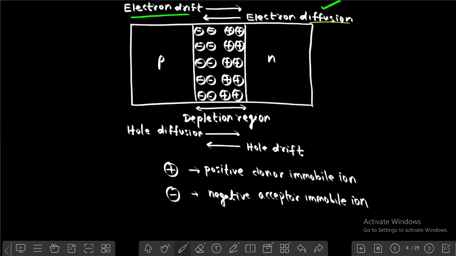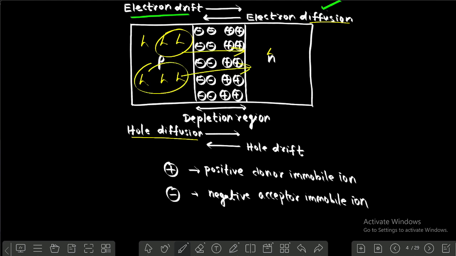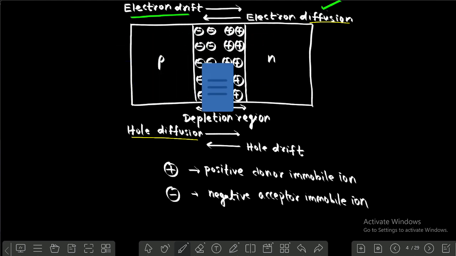Next, hole diffusion. Hole number is more in p type and less in n type. So holes will diffuse from p to n because of concentration gradient. But the junction electric field is like this. Here you have electron, here you have hole. Holes always move in the direction of electric field. So hole drift due to electric field will be from n to p.